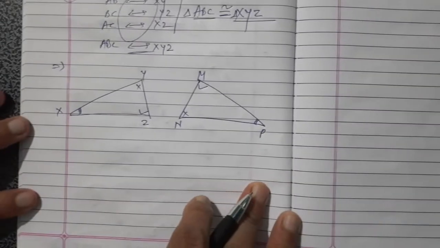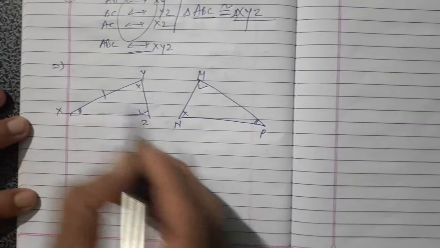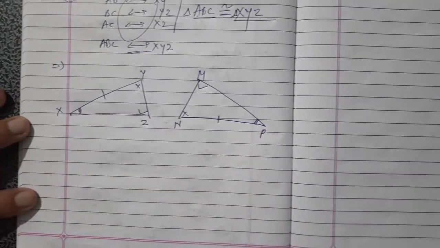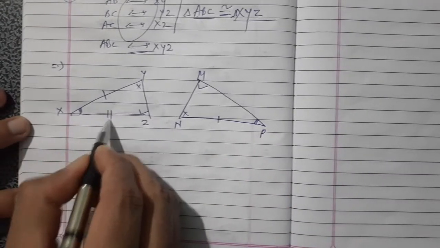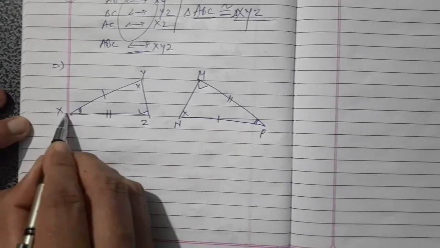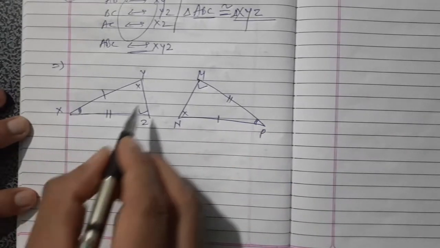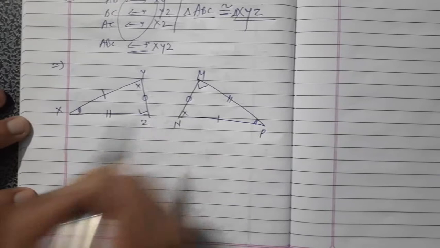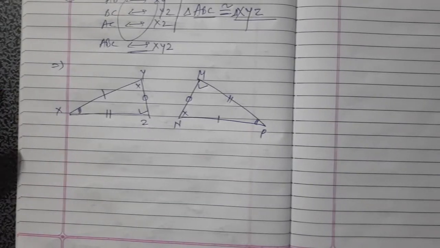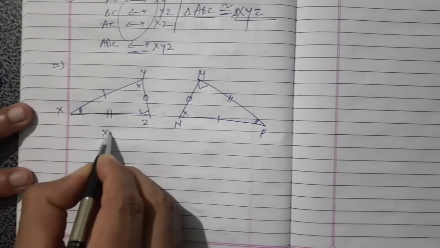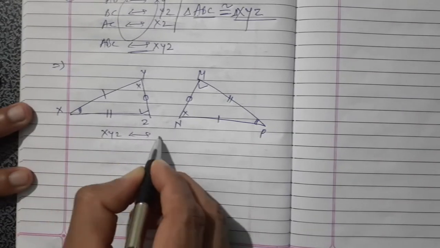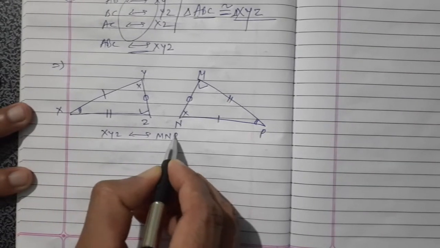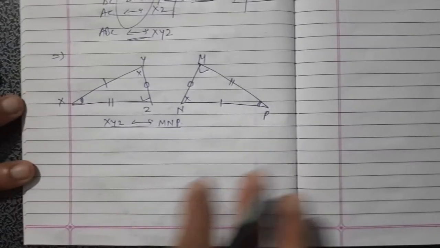The lengths of XY and NP are equal, XZ and MP are equal, and these two are equal. Then you write down all the corresponding possibilities.